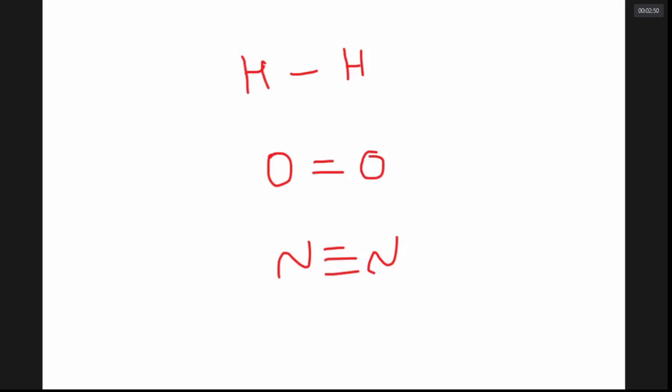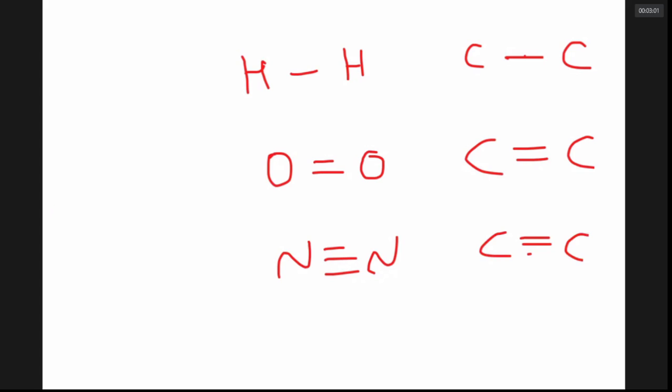Therefore, looking at carbon, carbon can make a single bond with another carbon, or it can make a double bond, or it can make a triple bond. If there is a single bond, the distance between carbon atoms is 154 picometers. The equilibrium distance between bonded atoms in a molecule is called bond length.